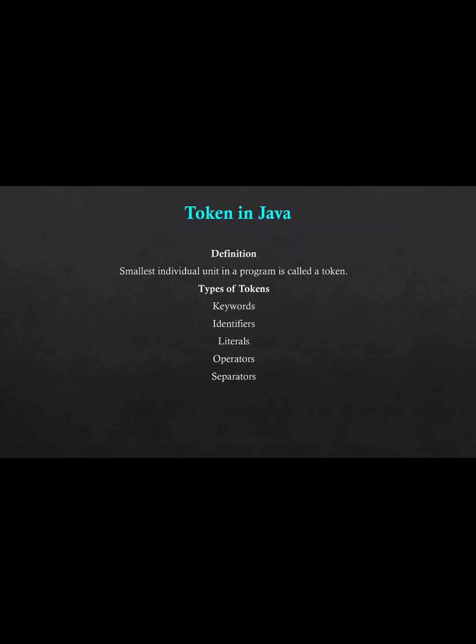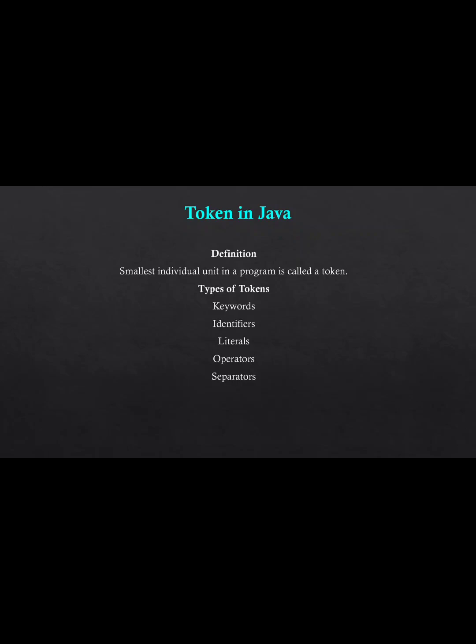Keywords. Keywords, as I said, are the reserved words. Identifiers. Identifiers are nothing but variables. And here I would like to ask you to explore the rules for naming variables or naming identifiers. Identifiers are just the names given to variables.